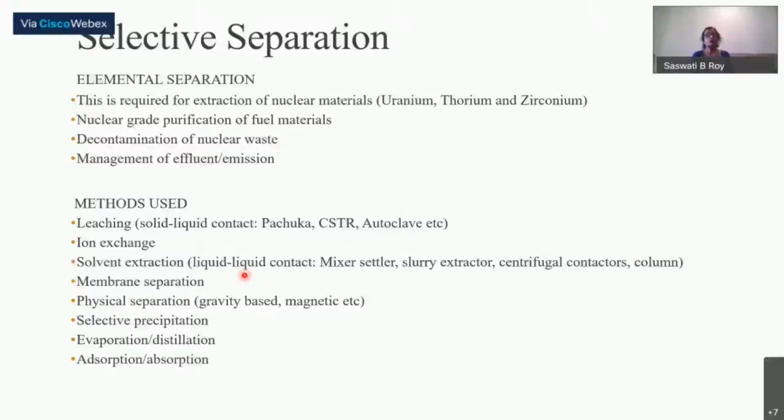In solvent extraction, at both the back end and front end, they are liquid contact systems. Different contactors are there, like mixer settlers, slurry extractors, centrifugal contactors, or different types of column reactors. We will learn a little more about these, because they are very important equipment for the whole nuclear fuel cycle.